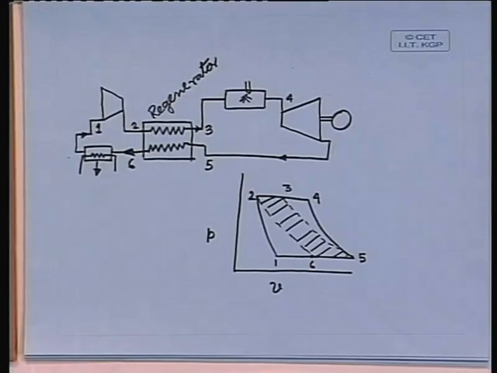And for this heat exchanger, we can have some sort of effectiveness defined. We know what type of heat exchanger we are using, so we can define some sort of effectiveness for this heat exchanger. Actually, heat exchanger effectiveness may be a slightly new term, or probably you are familiar with it.